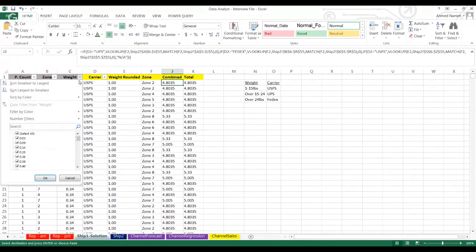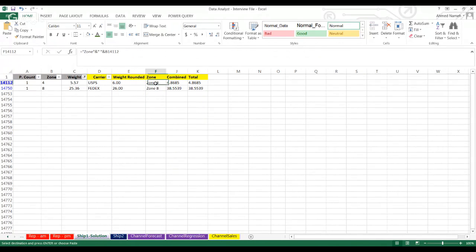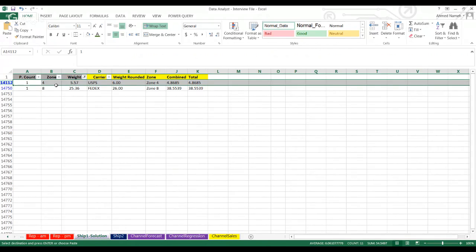So just quickly, let's pick out a couple of random numbers. Let's make sure they're in different weight categories. So here are 2. If you look at this line, you've got zone 4, you've got a weight of 6, and your carrier is USPS.